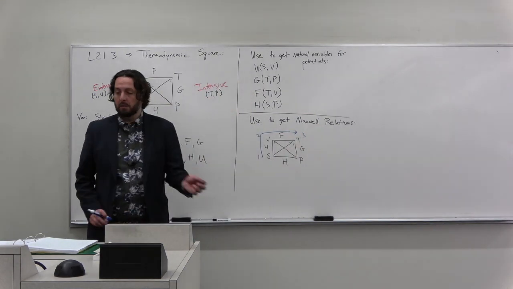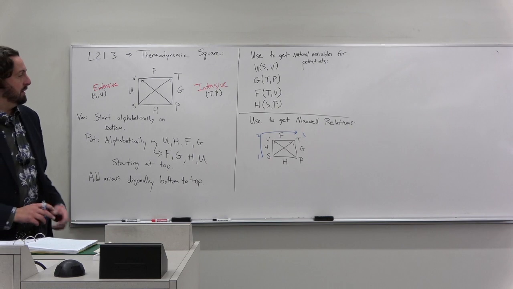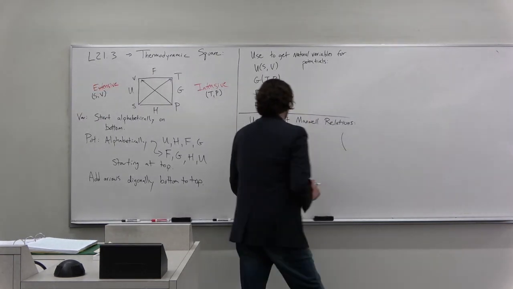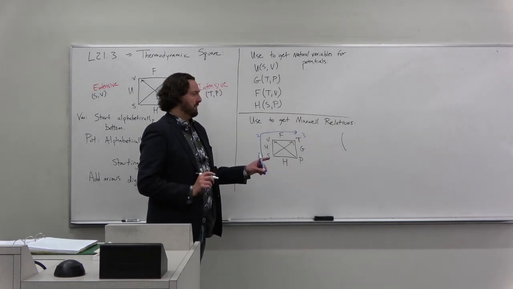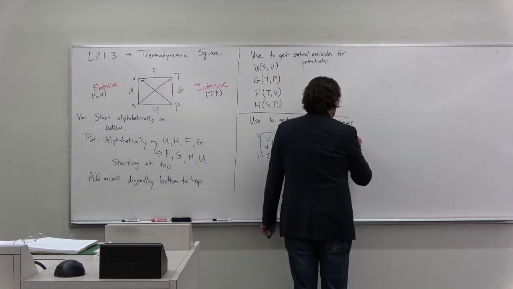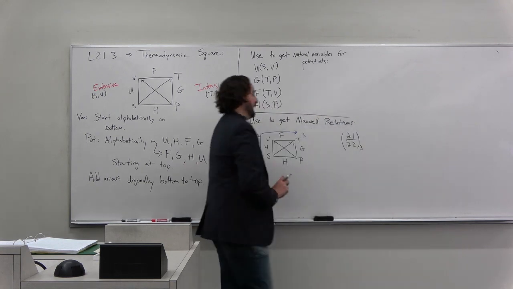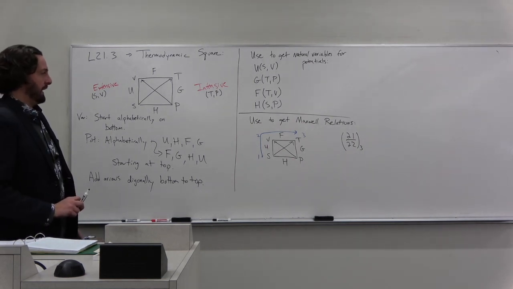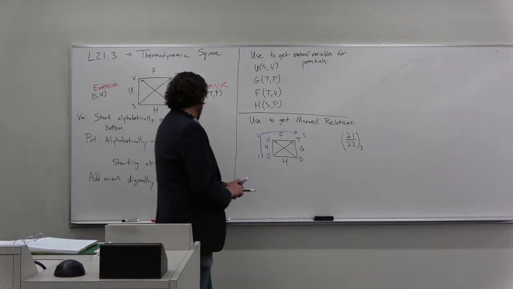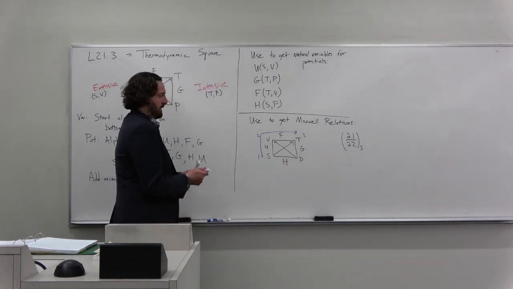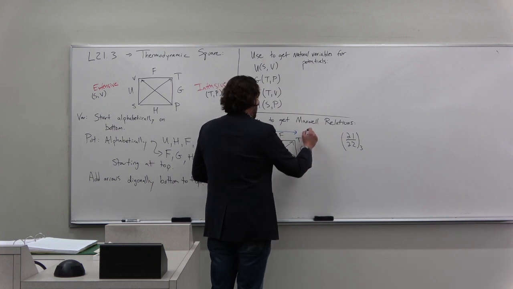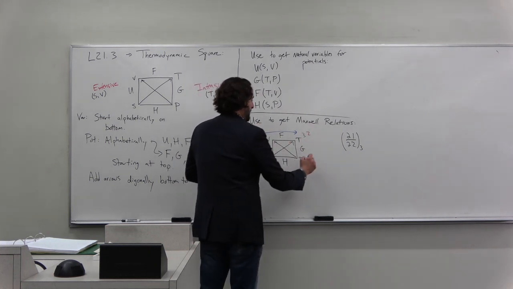And what we're going to do is write our first partial derivative as basically partial 1, partial 2, at constant 3. Okay? And then we're going to come back at the corner that wasn't used, and we're going to go 1, 2, 3.